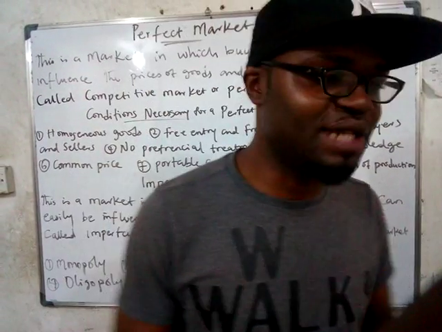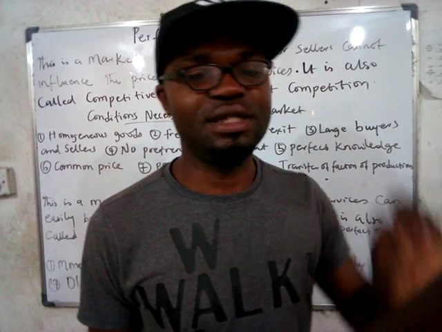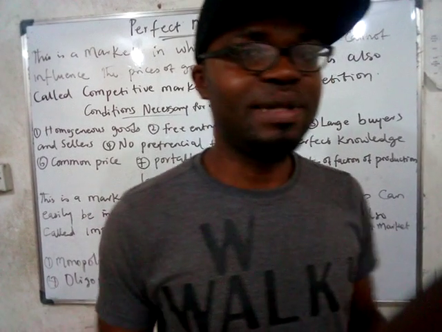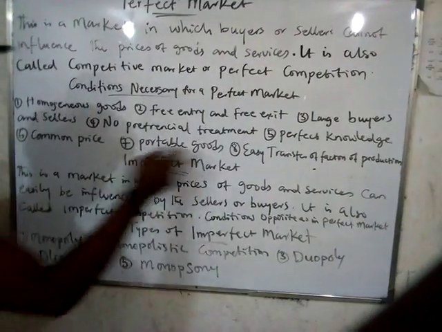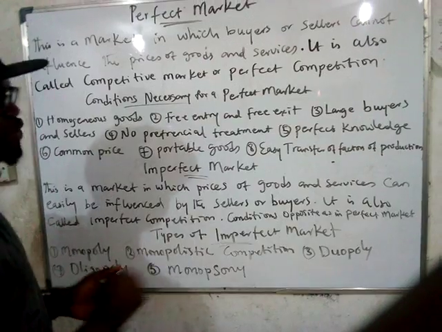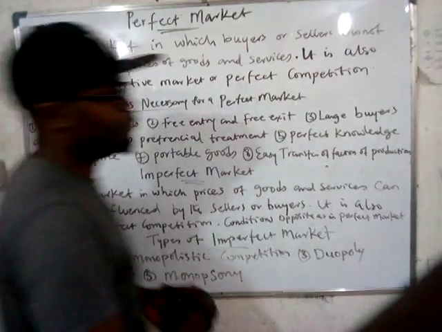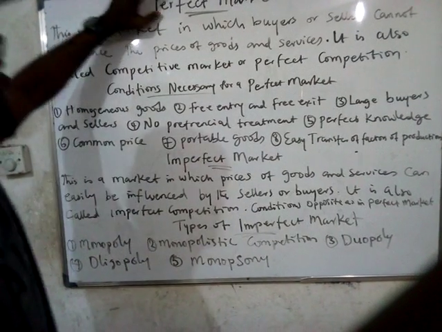If everybody knows that the price of a 60-leaf booklet is 14 naira, nobody will come and tell you otherwise, because you know that it has a common price. Portable goods make it easy for people to do business in the market. Easy transfer of factors of production. So all these are conditions necessary for a perfect market.